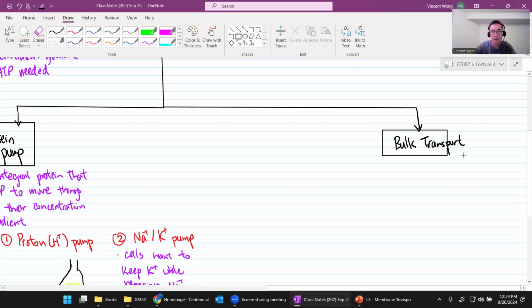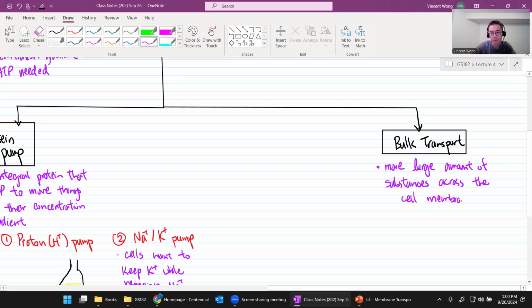As the name suggests, bulk transport is to move large amounts of substances across the cell membrane.